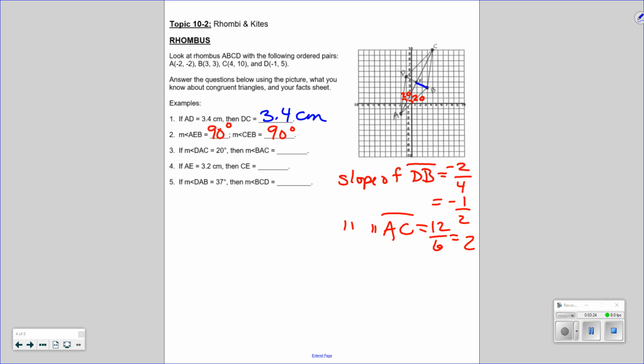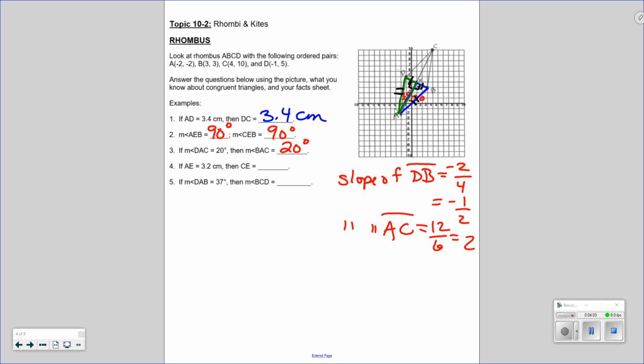If you look at this triangle, ABE, and this triangle, AED, what you'll see is we know that these 2 sides are congruent by definition. These are right angles because the diagonals are perpendicular, and because it's a parallelogram, we know that the diagonals bisect each other. So therefore, by hypotenuse leg, the 2 triangles are congruent, and by CPCTC, all the parts are congruent, so those 2 angles would be the same measure. So that would be 20 degrees.